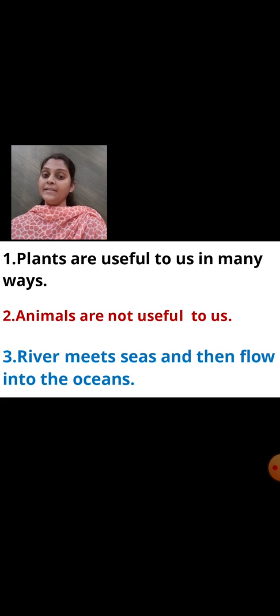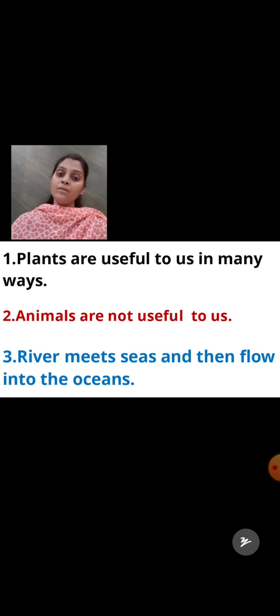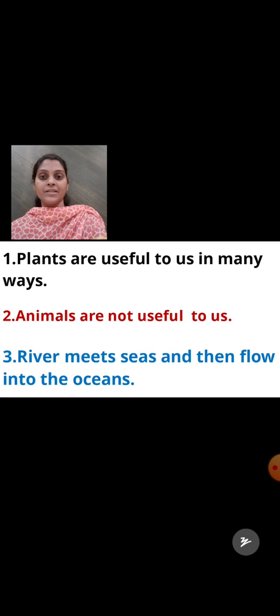Okay. Now the next question. Rivers meet seas and then flow into the ocean. When rivers get full, the water from the river meets the sea water and then the sea water flows towards the ocean. Oceans are the largest water bodies.